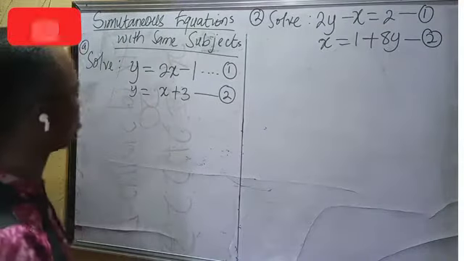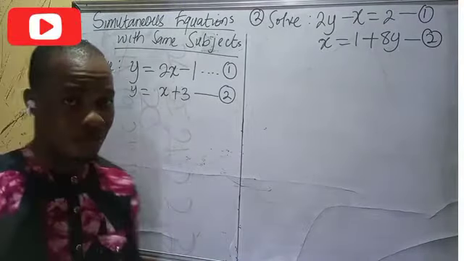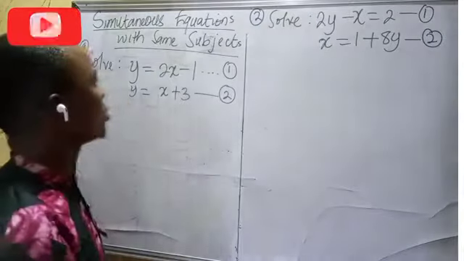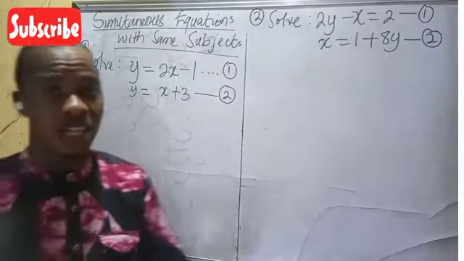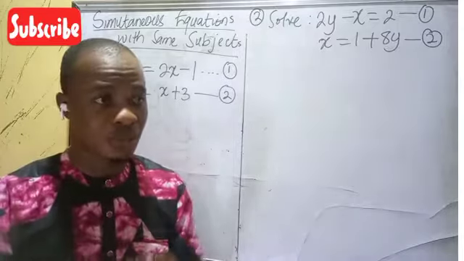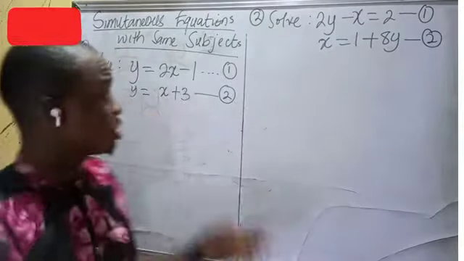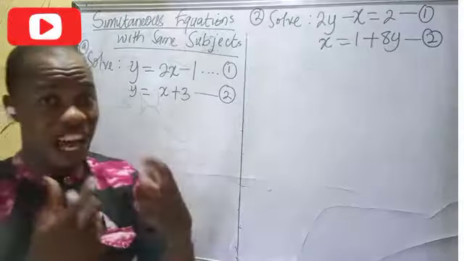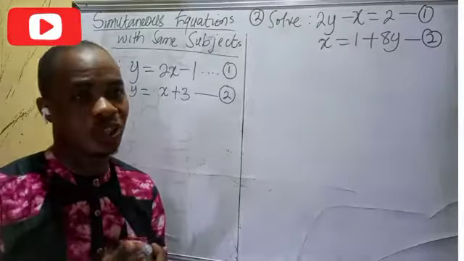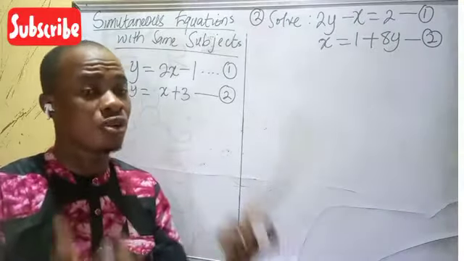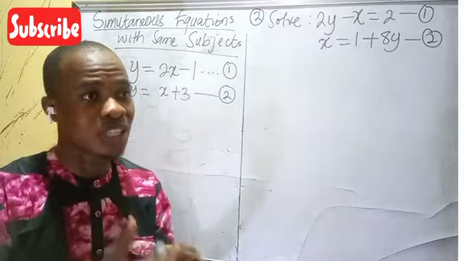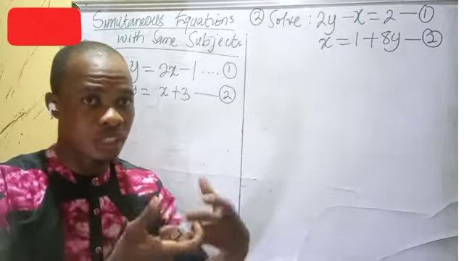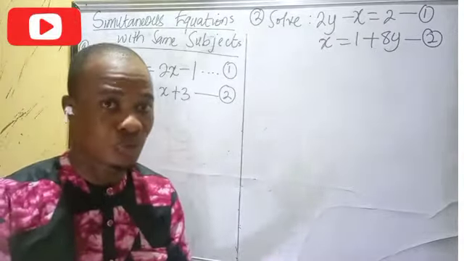From here we are having y and x, so therefore we have two variables there. But the main focus is that we want to be looking at the two simultaneous equations that are having the same subject. Are you getting it now? Or if they don't have, how can we manipulate so that we make the two having the same subject? That's what we are going to do.